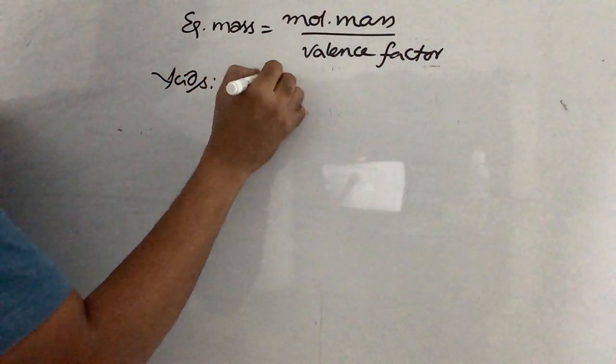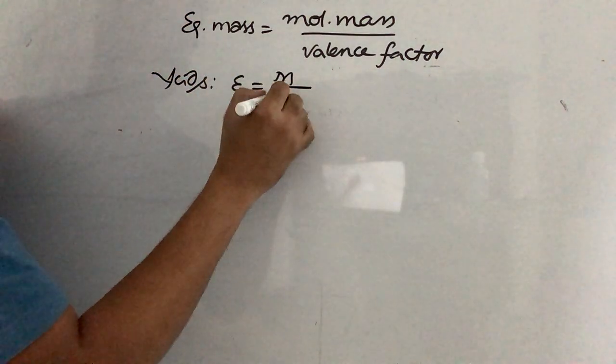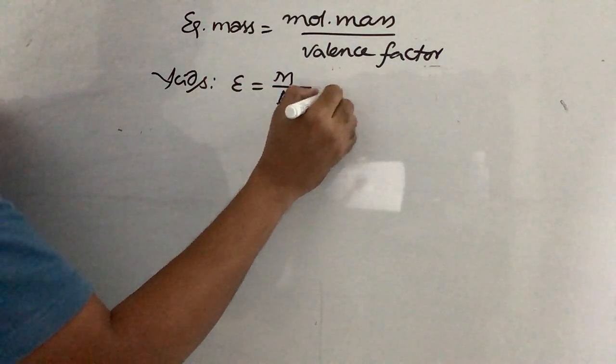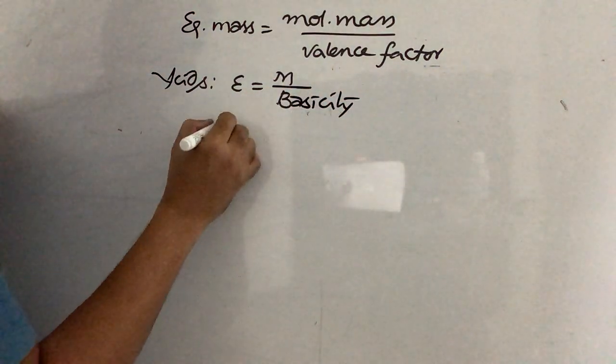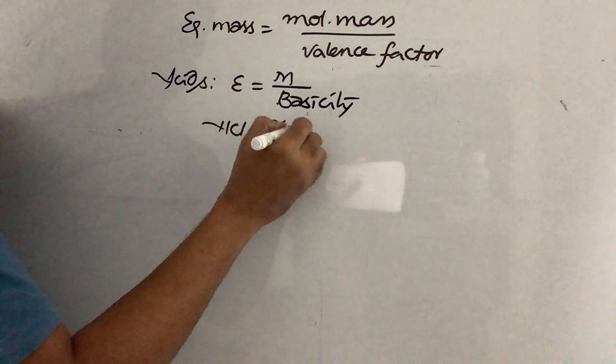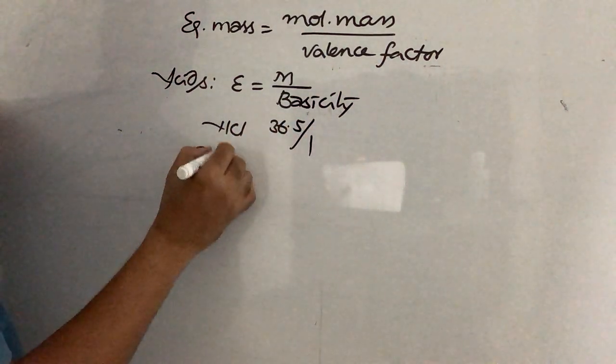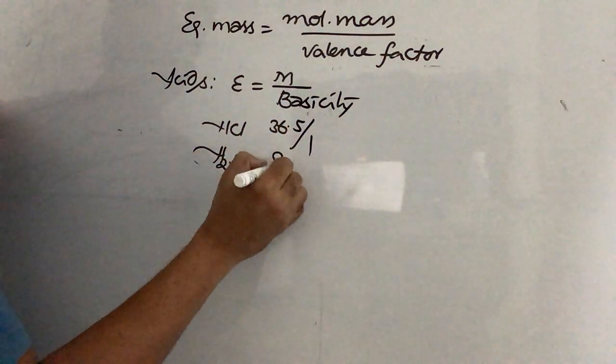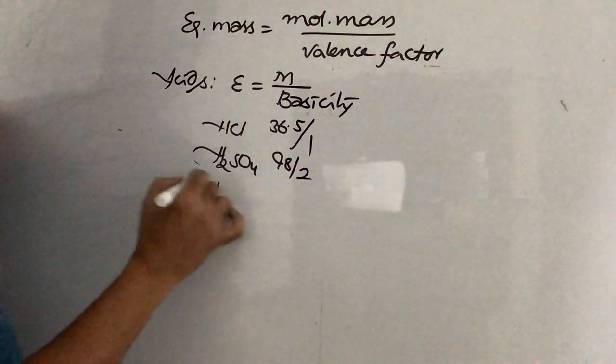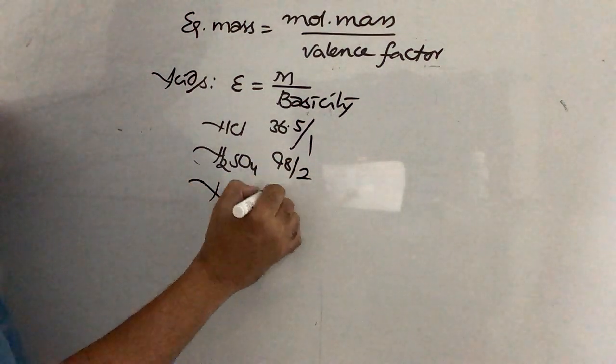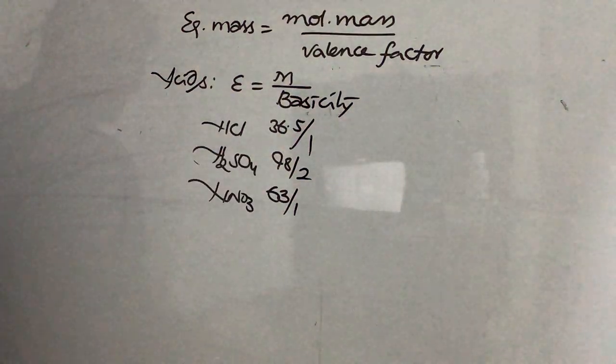Equivalent mass is equal to molecular mass by basicity. HCl 36.5 by 1. H2SO4 98 by 2. HNO3 63 by 1. Like this.